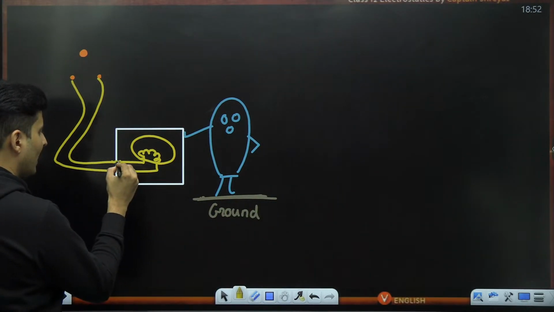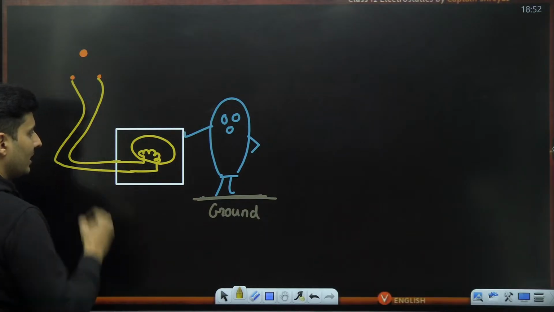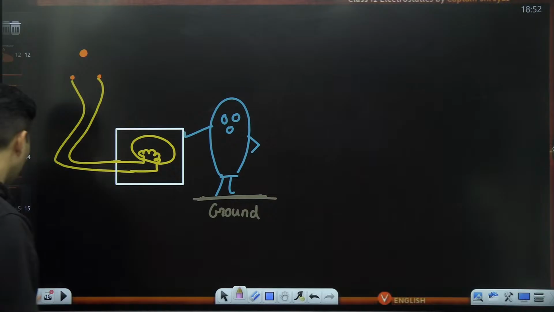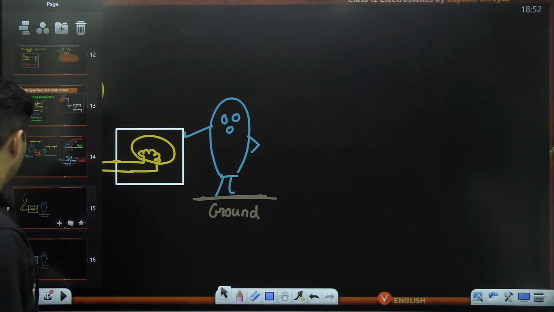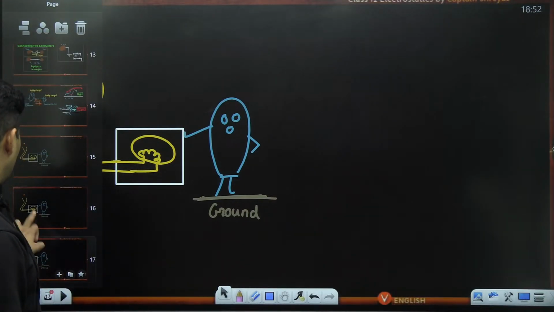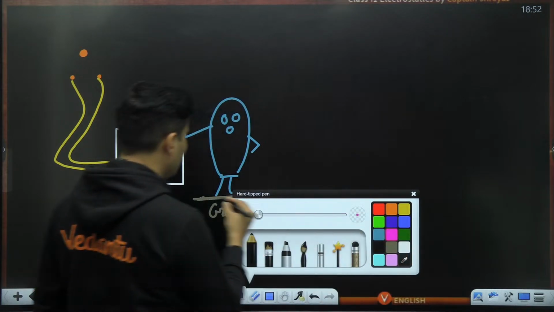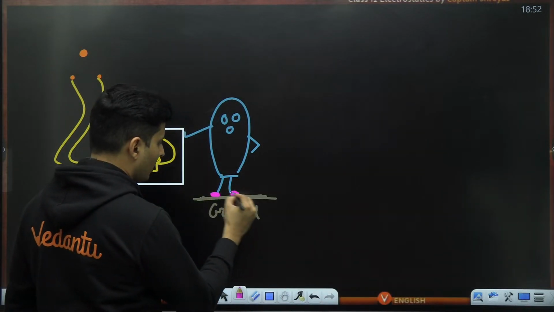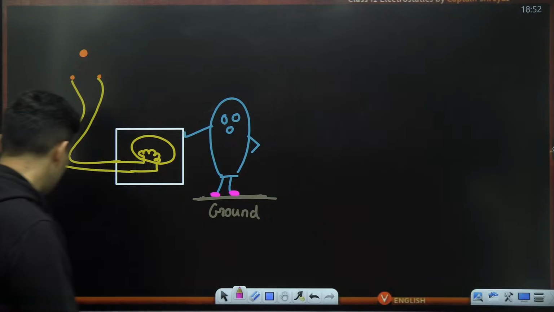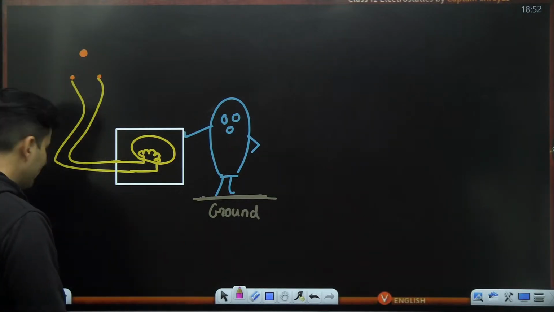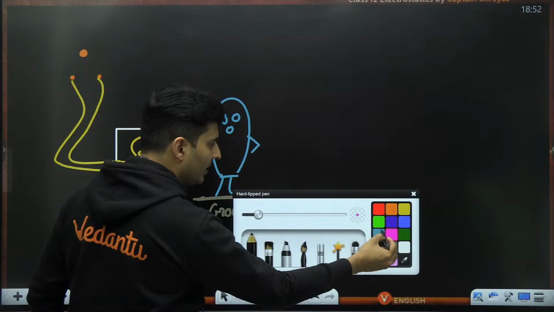If there is a loose wire over here, now it is touching the casing. So what will happen is, there are multiple cases. Number one, if our Pandu is wearing rubber shoes versus if Pandu is not wearing rubber shoes. If Pandu is not wearing rubber shoes, what will happen?